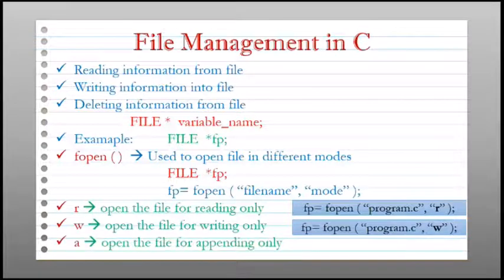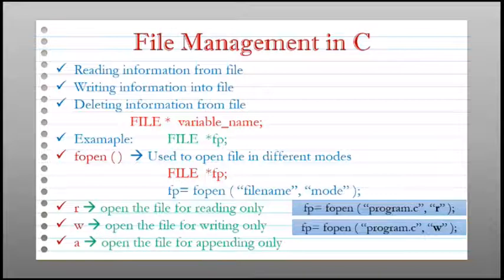The next one is a. It opens the file for appending data to it. Appending means adding data to the file. When we use w as the mode, it will delete the previous content present in the file and write the new content. Whereas when we use a as the mode, it will not delete the previous content present in the file.